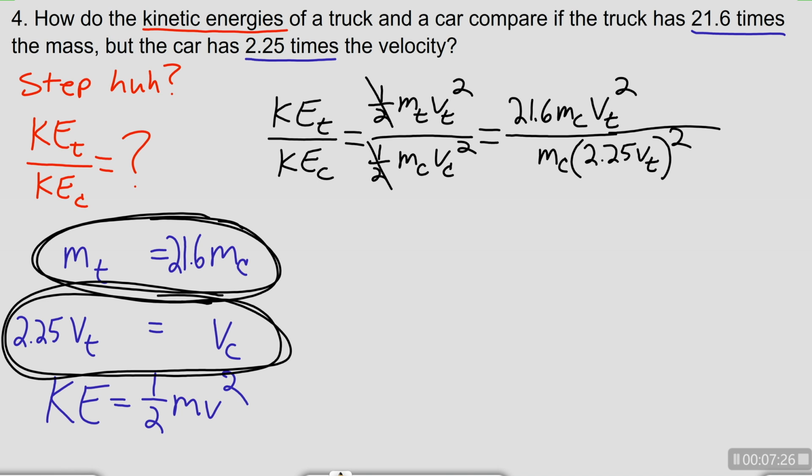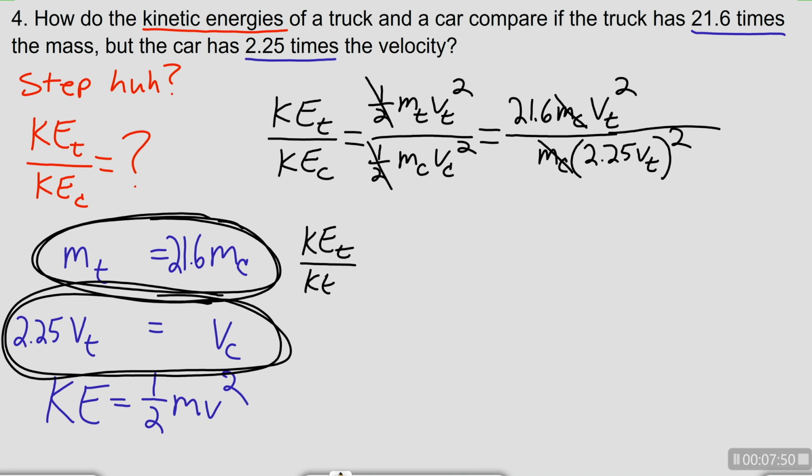So now we can start canceling things out. So m sub c divided by m sub c, that's just going to go away, and the 21.6 stays. Now I can't cancel the v sub t squared because of that parentheses in the bottom. I've got to keep going with that a little bit. So I'm kind of running out of room. Let me just rewrite what I've got here.